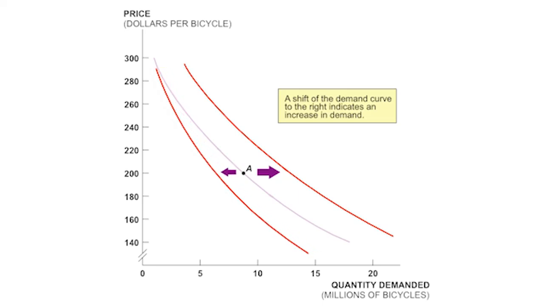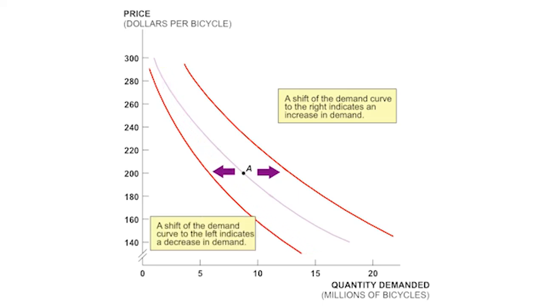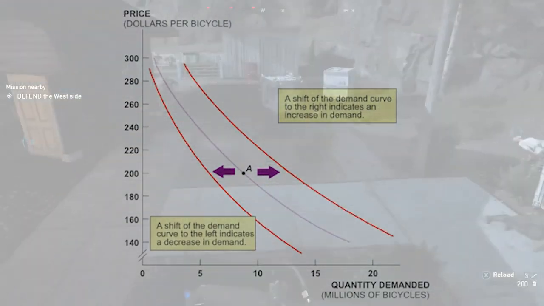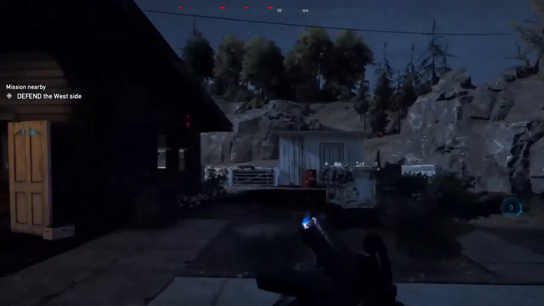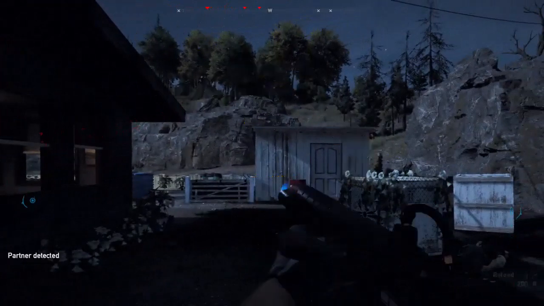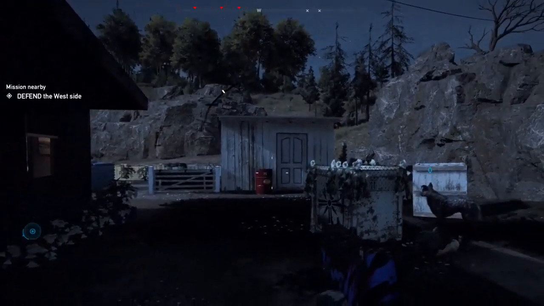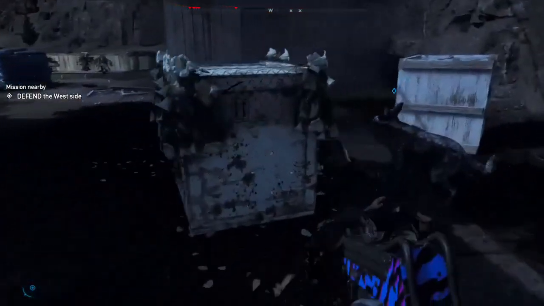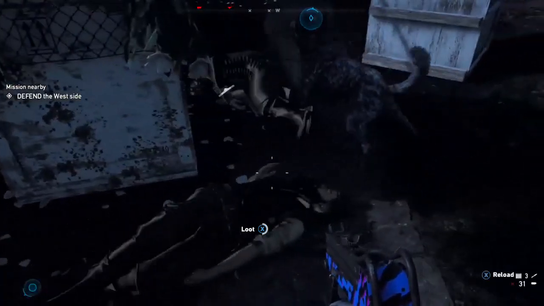Or over here at that same $200, there's less quantity demanded at that point because the price is the same, but something else has changed. So those are shifts in the demand curve, and they occur when anything changes except the price. When the price changes, that's a movement along the curve. When something else changes, it's a shift of the curve. And it's really important to keep those straight.